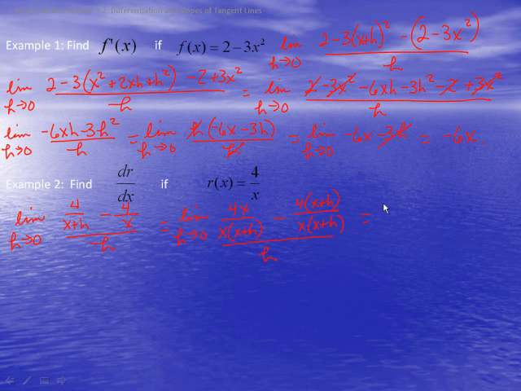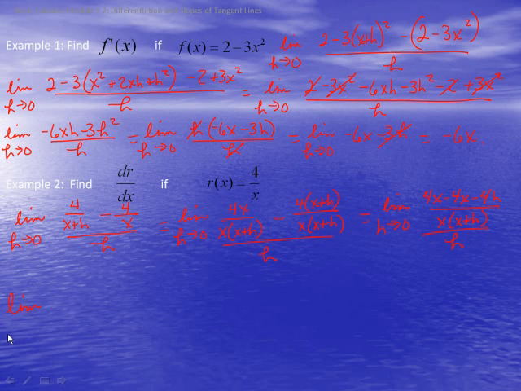limit as h approaches 0 of 4x minus 4x minus 4h. Be careful with my signs. Over the denominator over h.